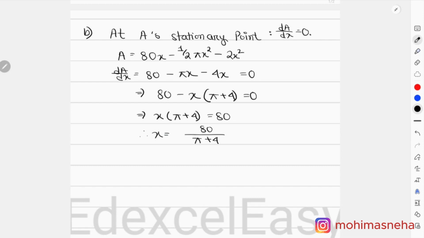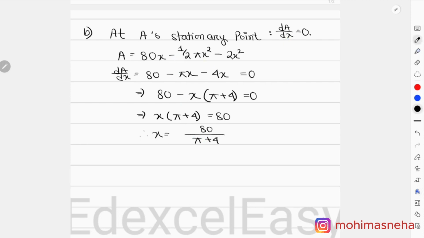Now in the question, it was never stated that you have to find the answer in decimals. I would like to keep my answer like this, because it gives you the most accurate value, right? So I'll take it as the final answer, 80 over (pi plus 4). This is the value for your x you get when A is at a stationary point. That means the differentiation with respect to x will be 0 in this situation, and using that you got the value for x over here.